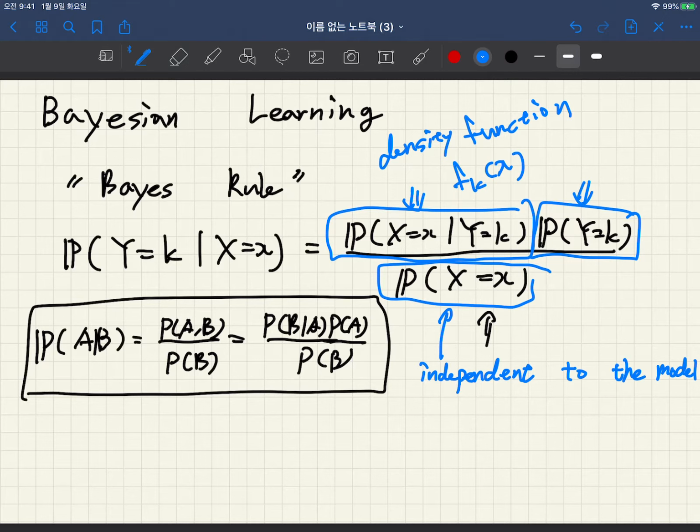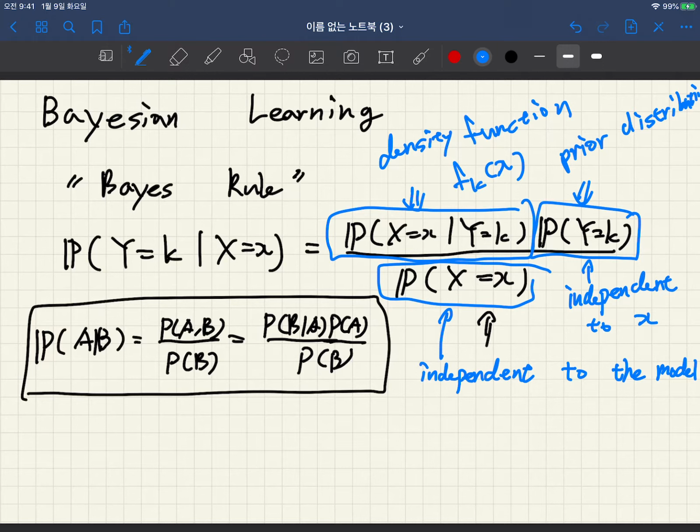Okay, this term is called prior knowledge or prior distribution. Why is it called prior distribution? Because this is independent of your input x.